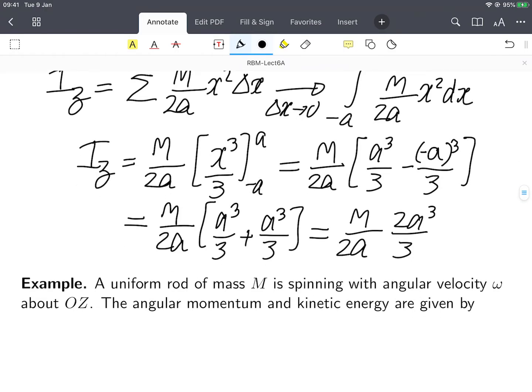Oh, I don't have room. I'll write in a different color then. Iz equals, the 2's cancel out, I'm going to be left with 1/3 ma squared.